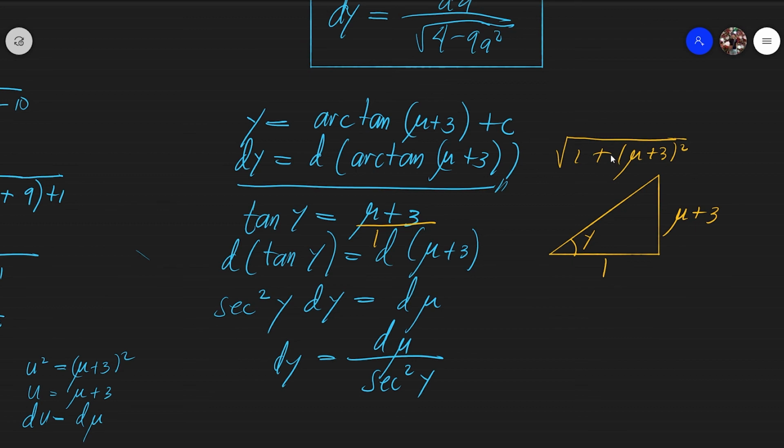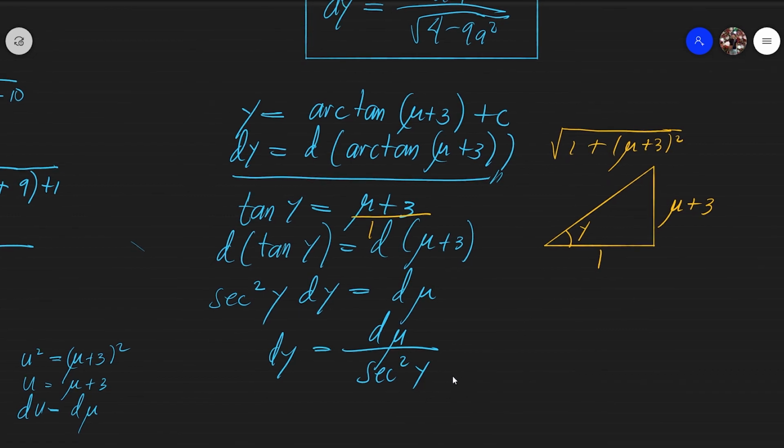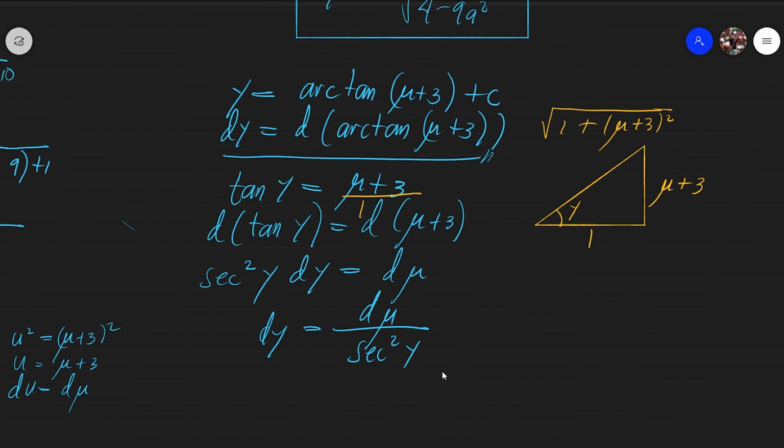If you want to get the value of secant squared y, yung secant y lang muna, secant y is hypotenuse over adjacent. So your secant y is equal to the square root of 1 plus mu plus 3 squared, all over the adjacent side, which is 1.